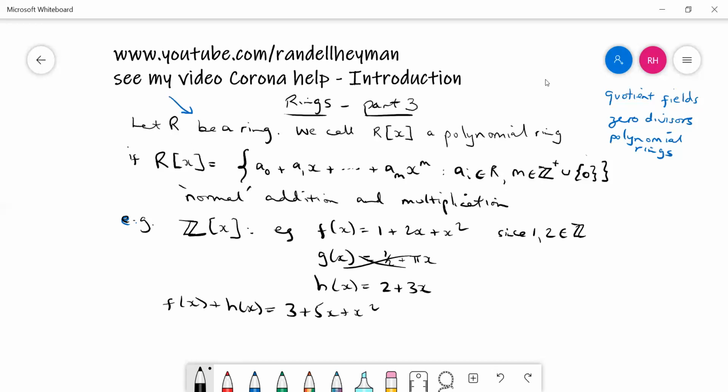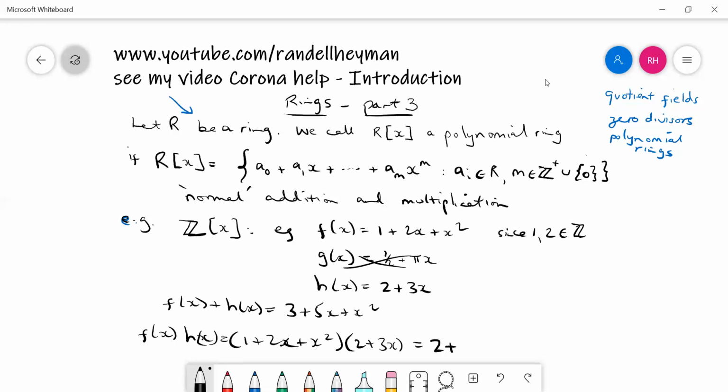And what about f(x) times h(x)? Well, we'll just do that in the way that we would normally do it. If you look up some books, they'll give you the formula with summations, which tell you how to work this out. But we basically know how to work this out. So that's 2.